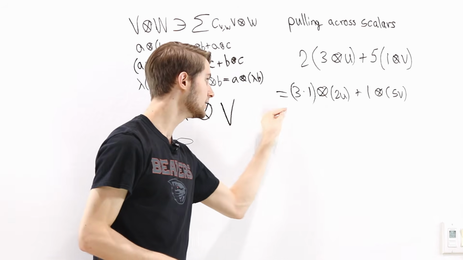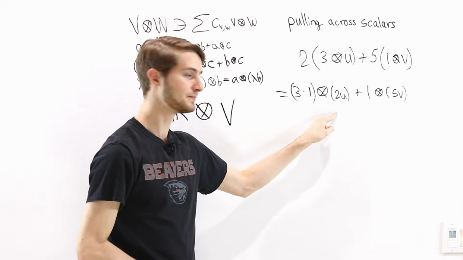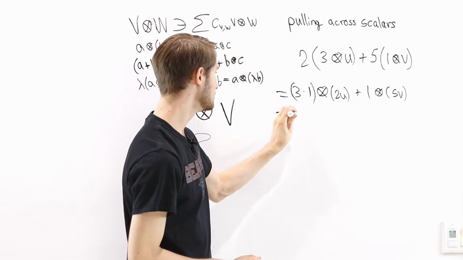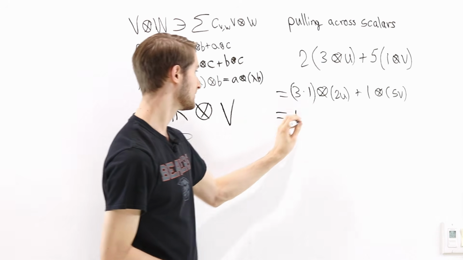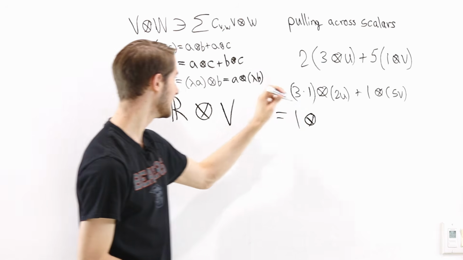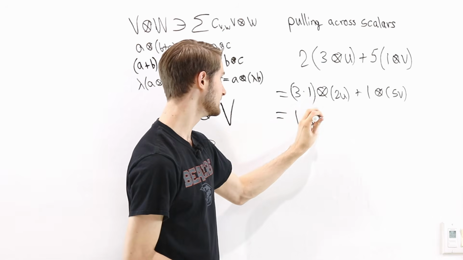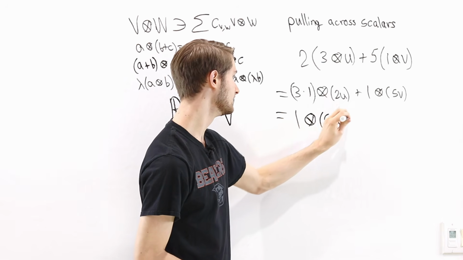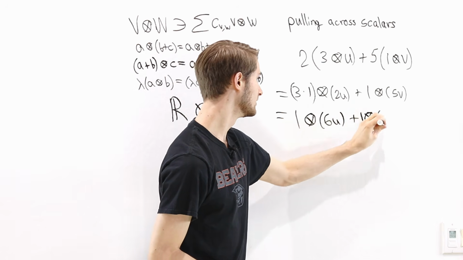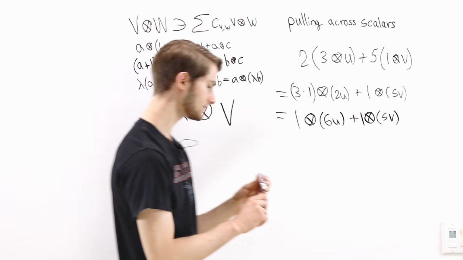So I'm going to take this 3 and move it over to the right side. We're going to just be left with a 1 on the left. And on the right side of the tensor, we multiply 3 times 2u. 3 times 2u is 6u. And over here, we add 1 tensor 5v.